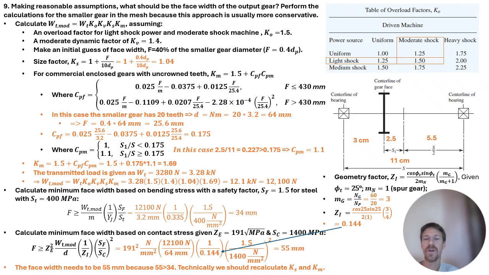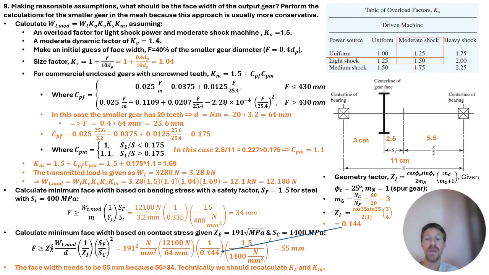So cosine 25 times sine 25 over 2 times 3/4 is 0.144. Plug that value into the equation along with the rest of the values, and you get a face width of 55 millimeters.